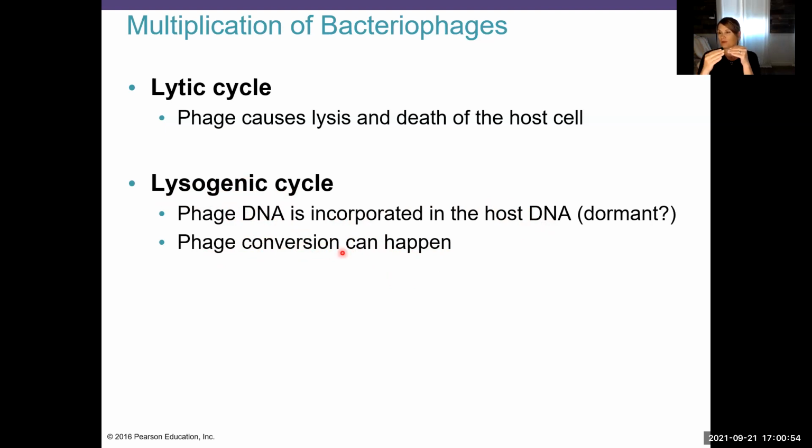Depends on where it incorporates. It might knock out a gene. If it incorporates into an existing gene, then maybe it stops that gene from being expressed. And so you can convert that host bacterial cell into something different, okay, depending on where the viral DNA inserts into the chromosome. That makes sense? And so that's called phage conversion.